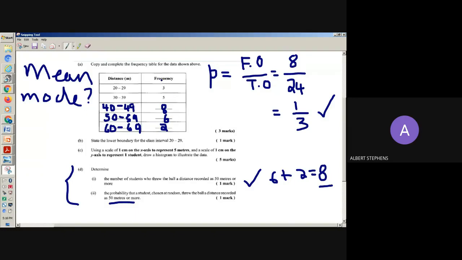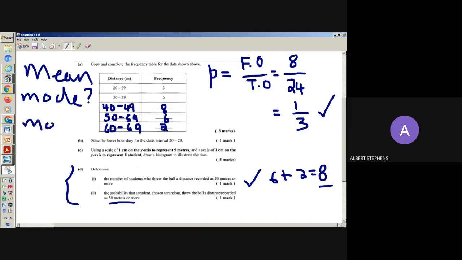Of all these numbers, which one has the highest frequency? 40 to 49, because 40 to 49 is what? 8. So I might ask you, what is the modal class?